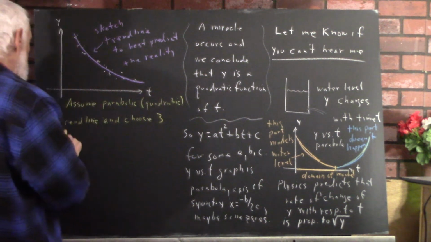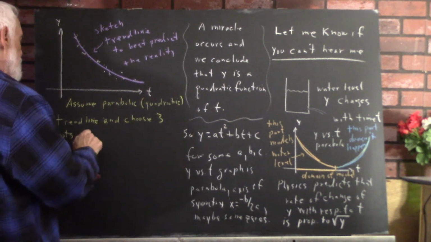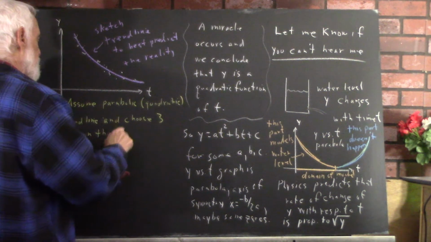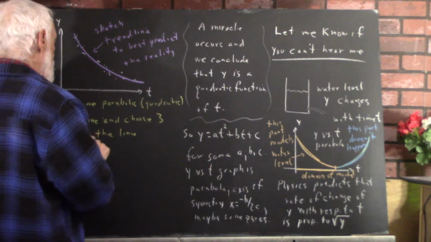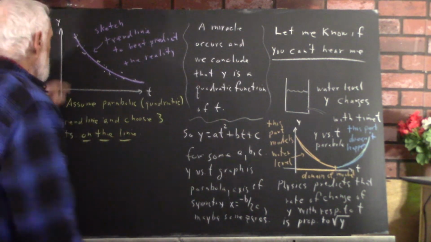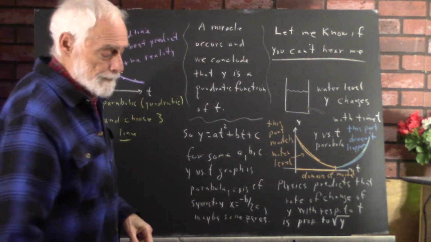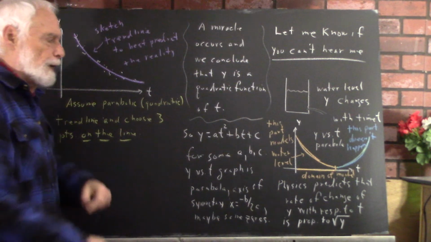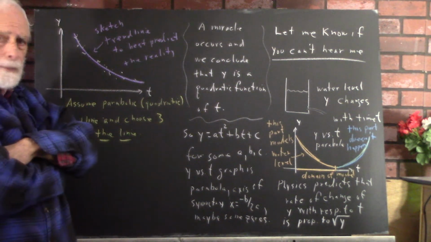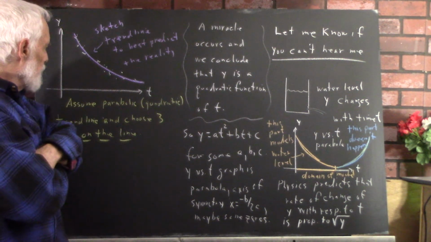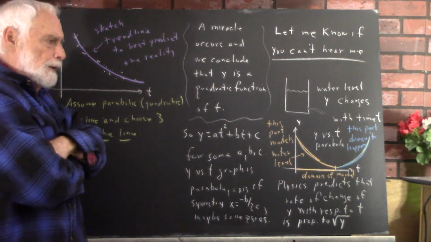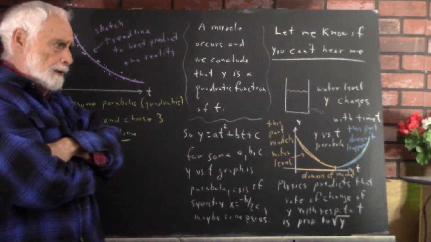And choose 3 points on the line, not 3 data points. Okay, now, I don't remember if it's your text or some other text. It just tells you to pick 3 data points, which is absolutely ridiculous.